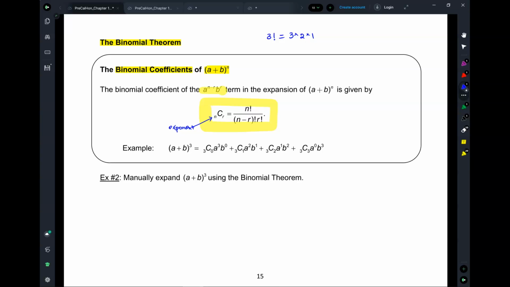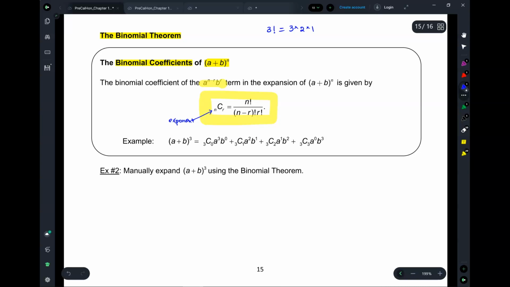So 10 factorial is 10 times 9 times 8 times 7 times 6 times 5 and so on. So this is the formula that we use to come up with each of the terms. So for example, C(n, r) will be n factorial, over n minus r factorial, times r factorial.